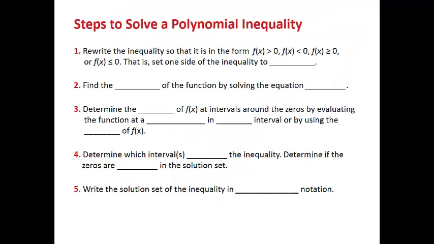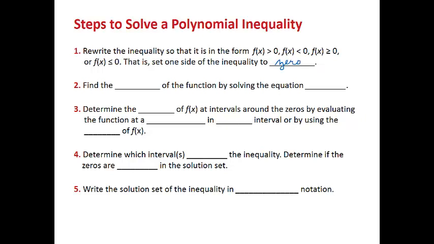The steps to solve a polynomial inequality: we first rewrite the inequality so that it is in the form f of x greater than 0, f of x less than 0, f of x greater than or equal to 0, or f of x less than or equal to 0. That is, we set one side of the inequality to 0.